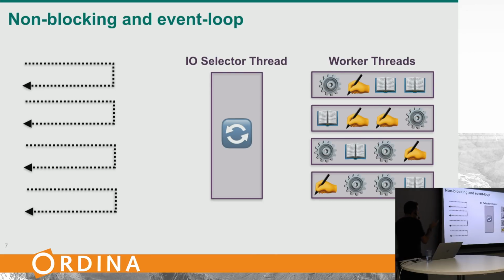In a reactive, so non-blocking or event loop style, it's completely different. You only have a smaller number of threads, usually close to the number of cores of the server machine, right? So you're using only what you can truly do in parallel. Actually, it's the number of cores minus 1, where the minus 1 is for the selector thread. And rather than having one thread doing all the work for a request, you have that work interleaved, depending on the load of the server.